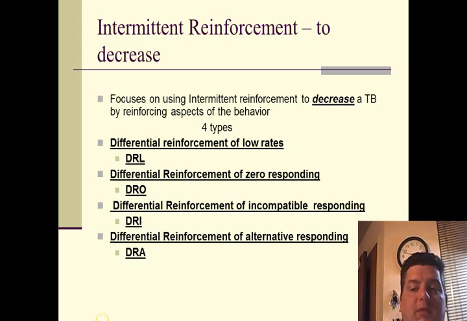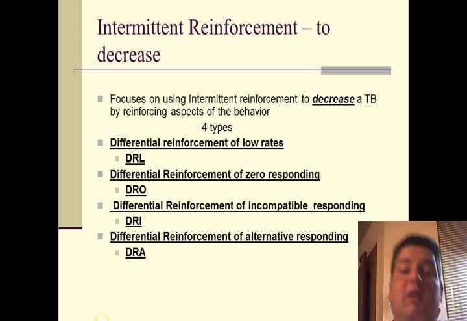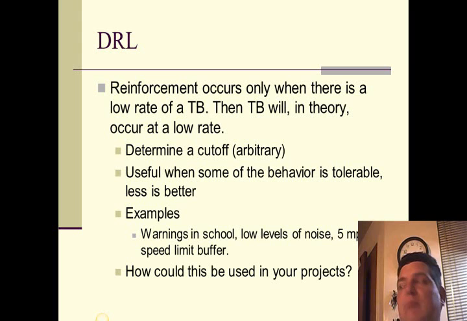These are differential reinforcement: differential reinforcement of low rates of some type of stimulus or reinforcement; differential reinforcement of zero responding, where zero response of the behavior is acceptable; differential reinforcement of incompatible responding, which is something that would not go with the desired behavior; and differential reinforcement of alternative responding behavior, which is the alternative behavior to the behavior that's currently being displayed.